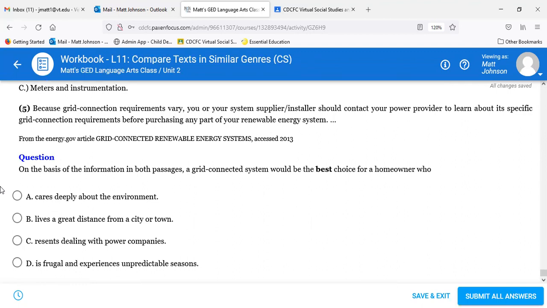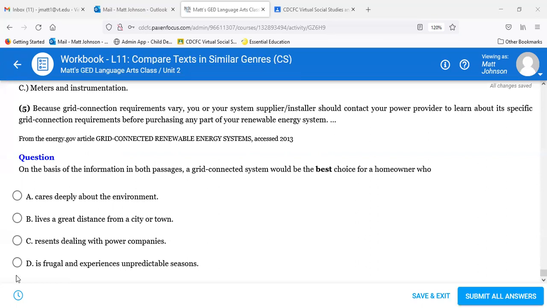On the basis of the information in both passages, a grid-connected system would be the best choice for a homeowner who A, cares deeply about the environment, B, lives a great distance from a city or town, C, resents dealing with power companies, D, is frugal and experiences predictable seasons.